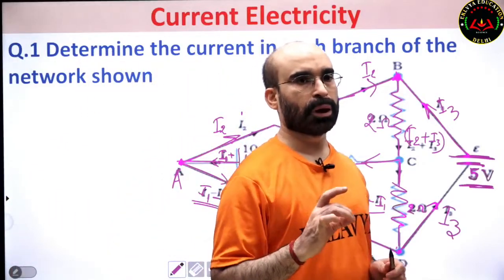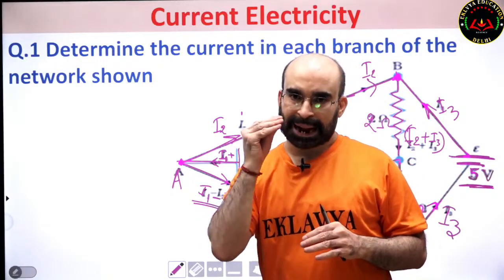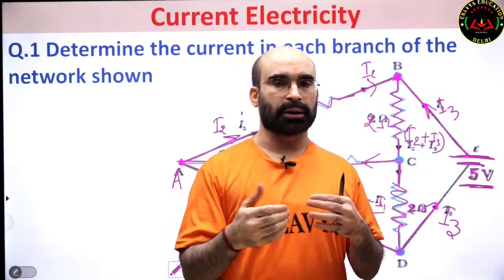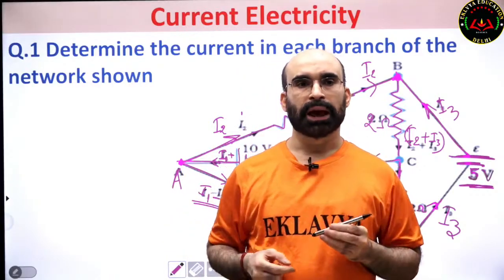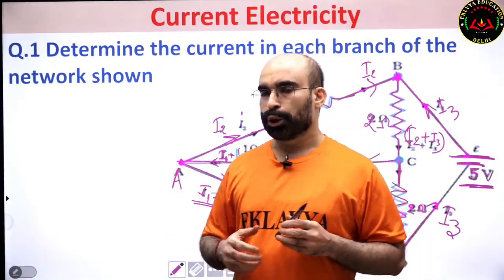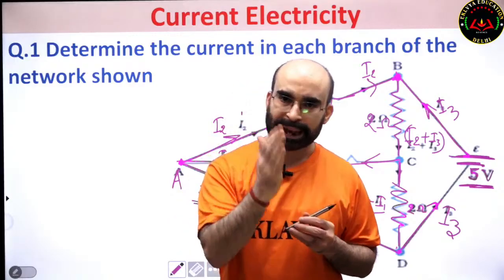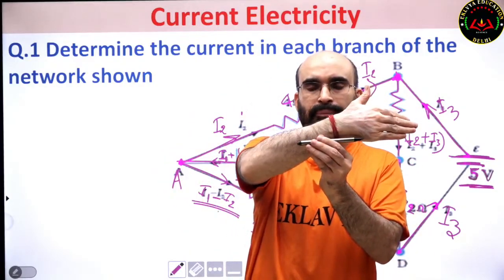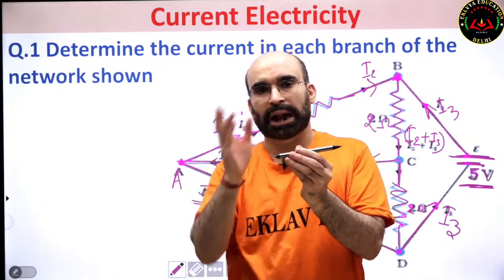One caution. If you have taken the direction of current in a particular manner, let's say from A to B, and when you worked out, you got the value in negative, that means your assumed direction of current has got the opposite direction.